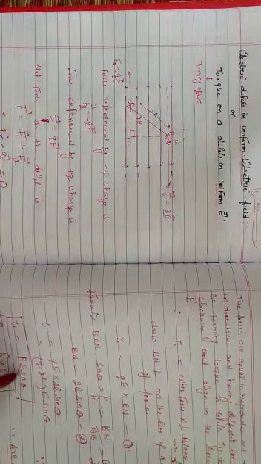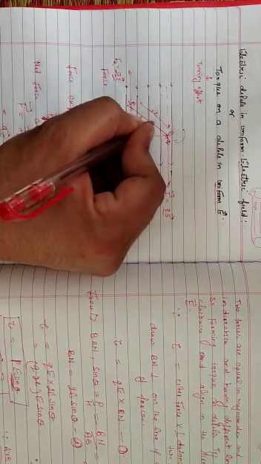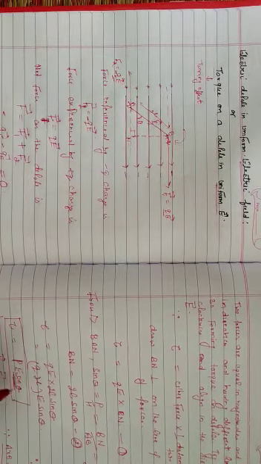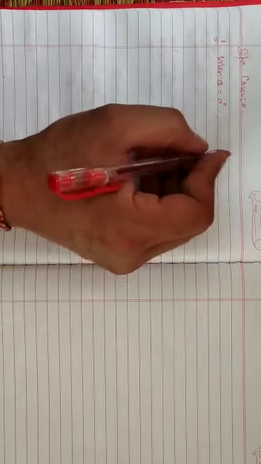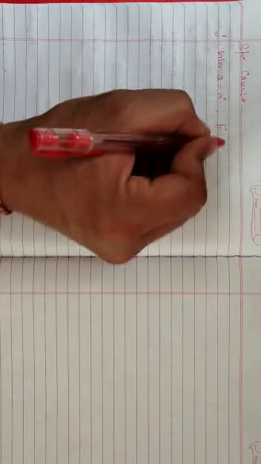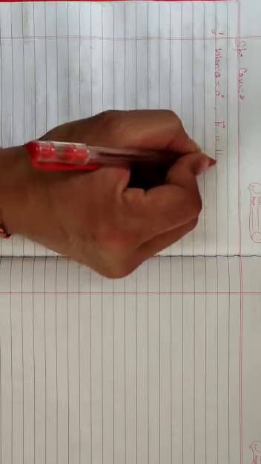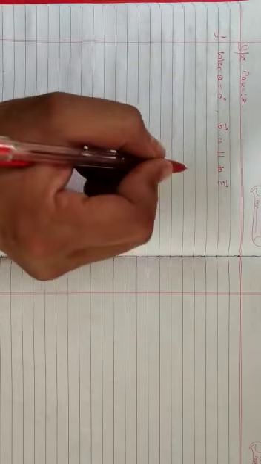Theta is the angle, you see this theta. Theta is the angle between the electric dipole moment and the direction of the electric field. This theta is the angle between P and E. So when theta is equal to 0, we can say that the dipole moment is parallel to the electric field.